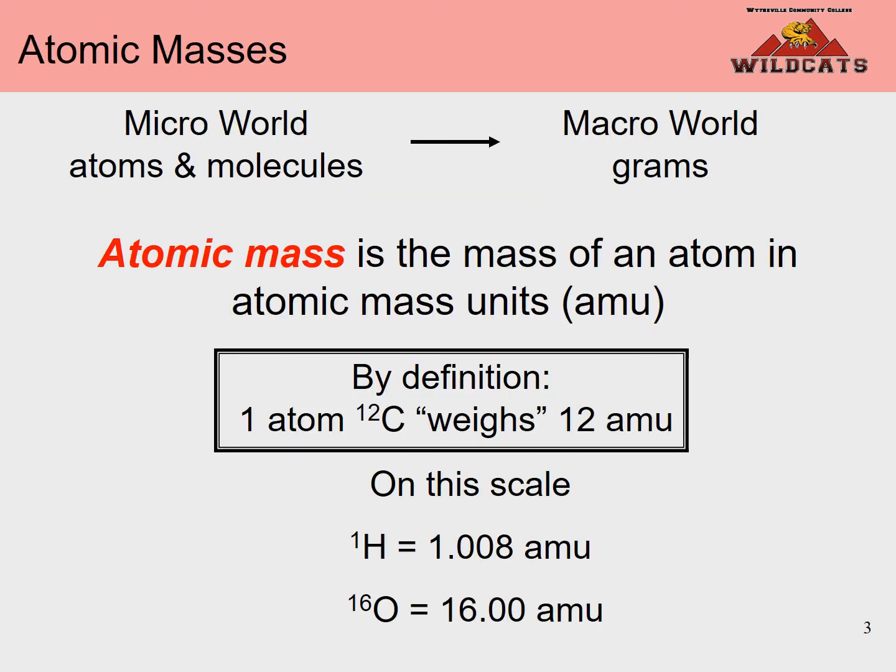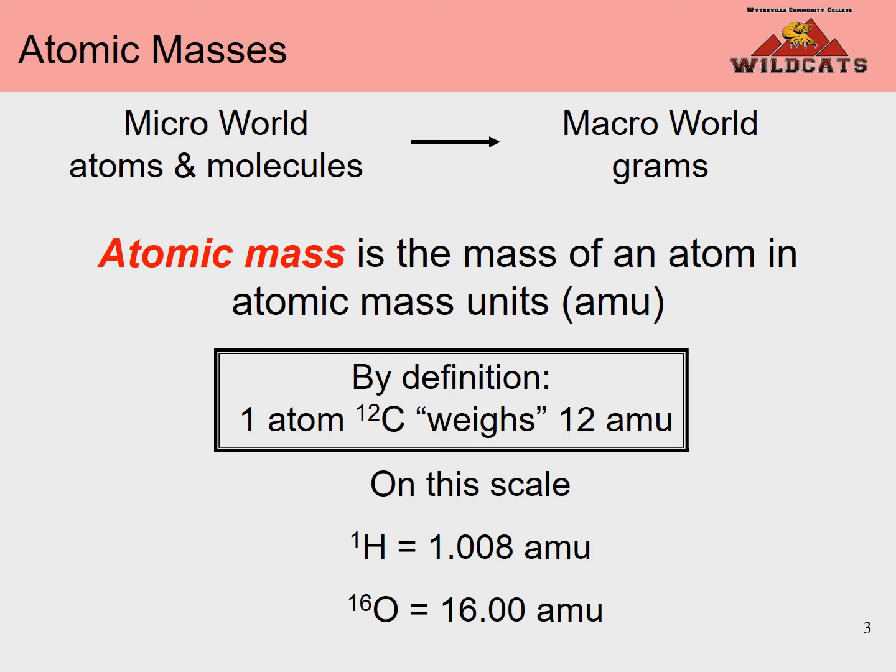So in the first chapter we talked about the micro and macroscopic. One of the ways that we get some insight into the macroscopic world is to take a look at the mass of things. We're going to take a look at grams. In chapter number 2, we were talking about atomic mass units, or atomic mass. Remember, we were talking about the isotopes and the atomic weight, like carbon-12.